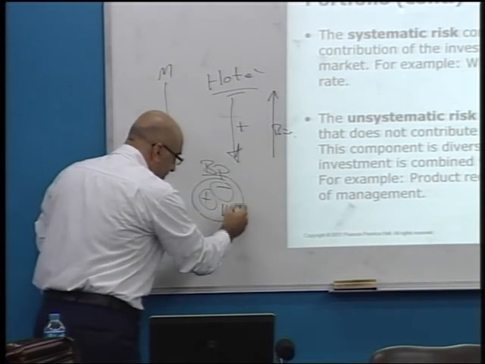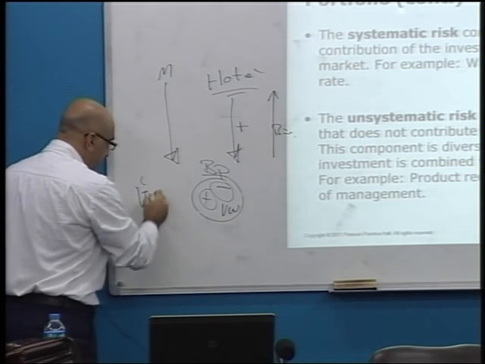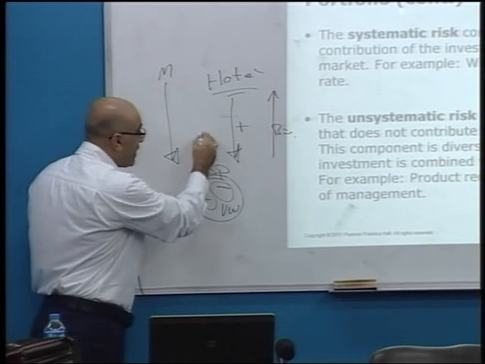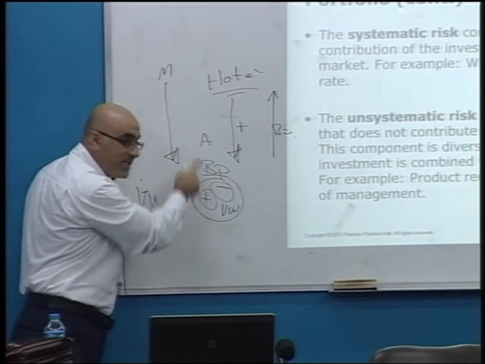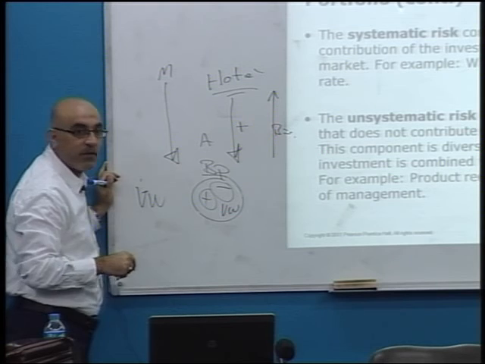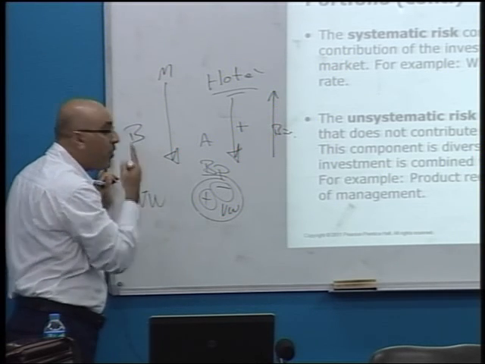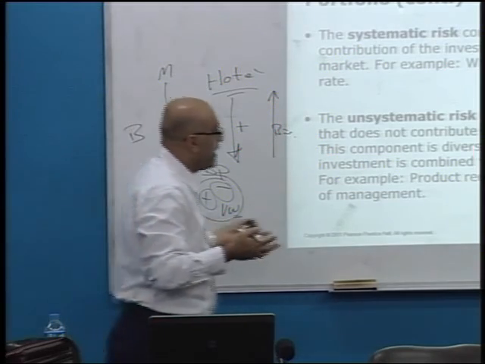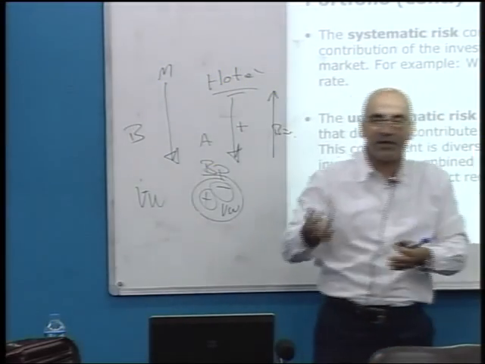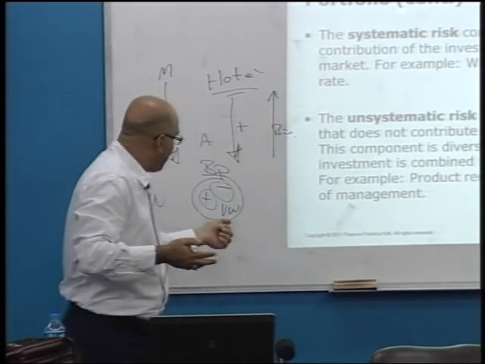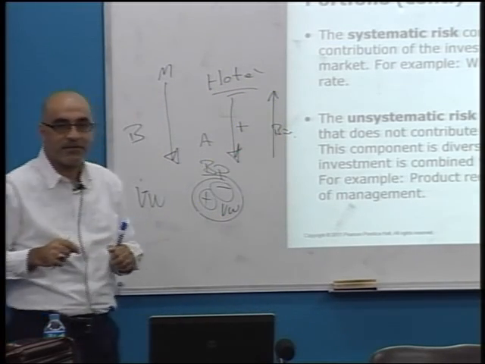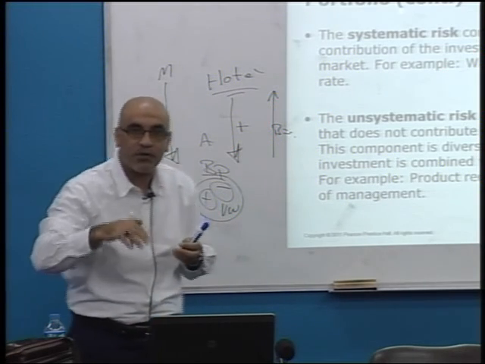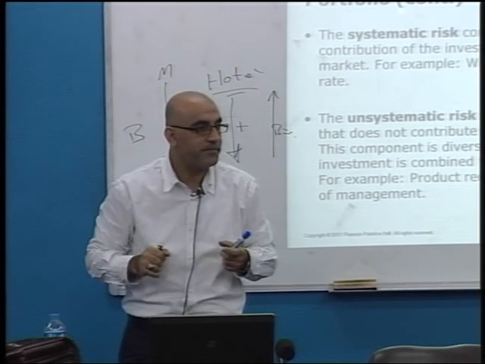Say we have two investors. Investor A invests in the portfolio, and this portfolio includes Volkswagen. And investor B only invests his money in Volkswagen. Now there is a labor strike in Volkswagen. Investor A will not be affected because it will be offset by the presence of other companies.